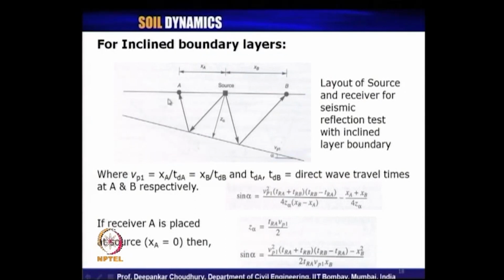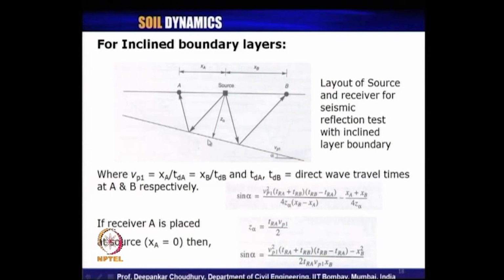But if the layers are not horizontal, but inclined like this, what will happen? This is the layout for the source and receiver for that seismic reflection test with an inclined layer boundary. In this case, suppose this is the source point and A and B are the two receivers on both sides of the source at distances x A and x B on the ground surface, horizontal distances.